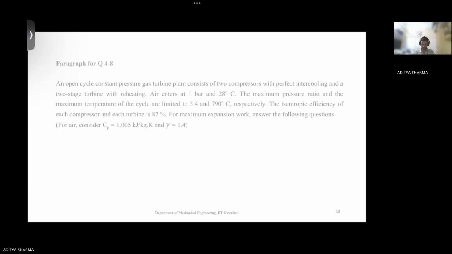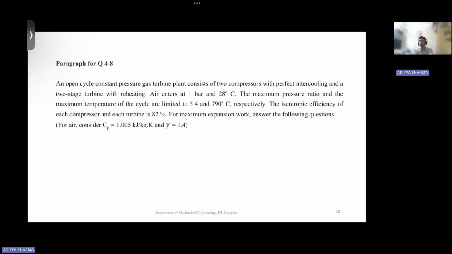All right, then we have numerical questions.